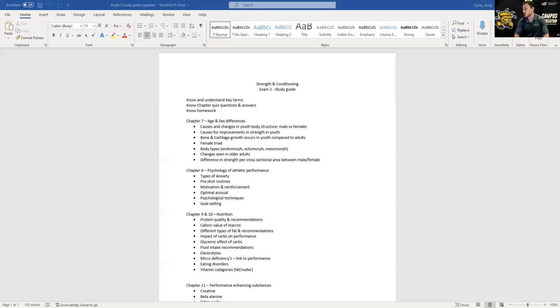Chapter 7, where I'm going to pull questions from and things I want you to focus on, is the changes and causes for youth body structure changes between male and female. It goes through a lot of different information, but obviously there are some hormonal changes that occur within the body, and that changes the prevalence of different things that we see as the adolescents mature.